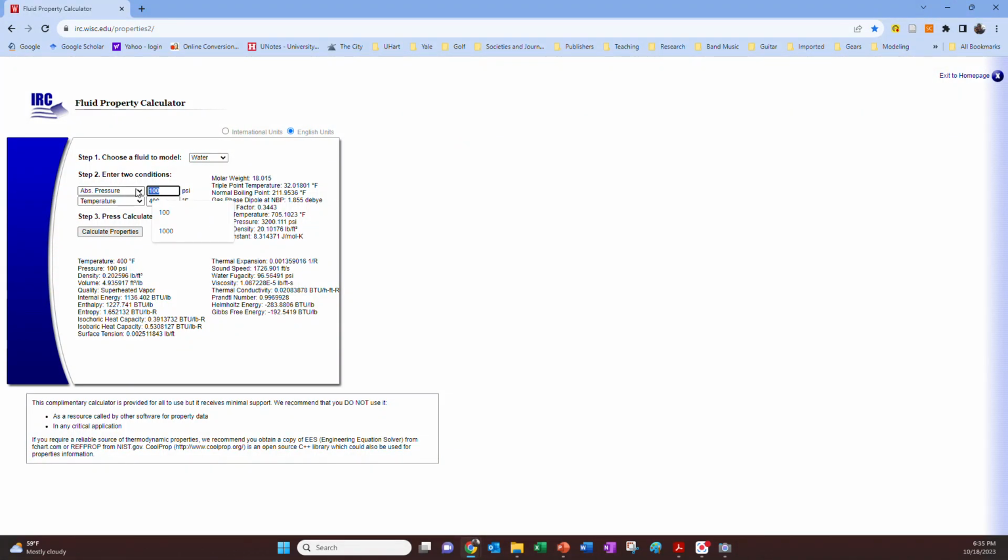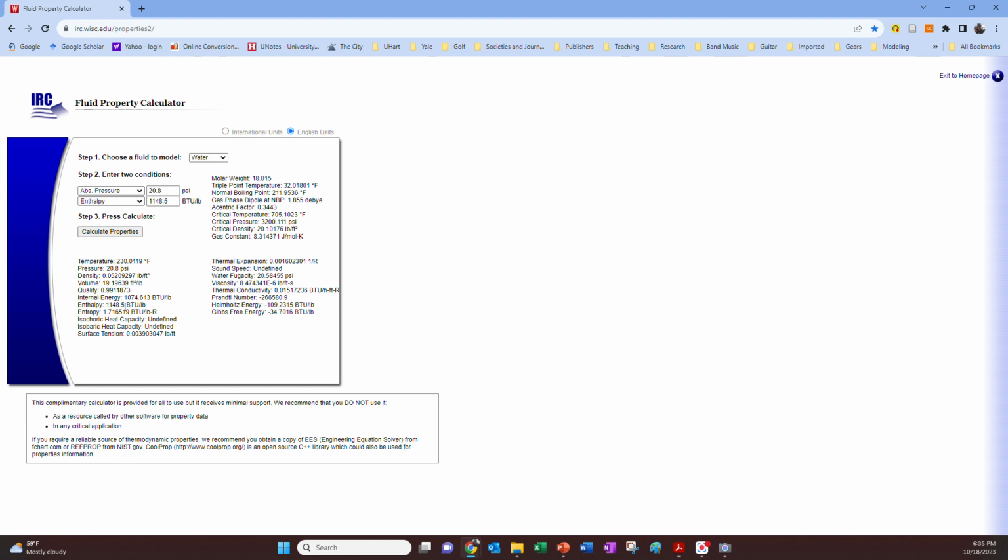We know that the exit was going to be 20.8. And here we had the enthalpy, so we can enter in what we decided the enthalpy must be, which is 1,148.5, and hit calculate properties.